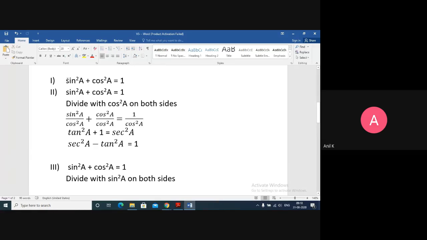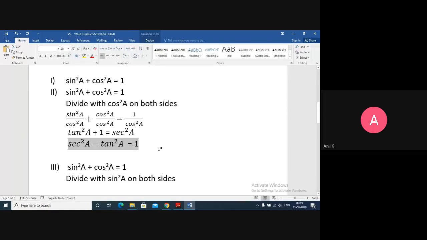For example, sin square A plus cos square A equals 1, I can rewrite as sin square A equals 1 minus cos square A, or cos square A equals 1 minus sin square A. Similarly, with sec square A minus tan square A equals 1, I can write sec square A as 1 plus tan square A. Or if I find tan square A, I can bring it to this side and 1 to the left side, so it becomes sec square A minus 1 equals tan square A.